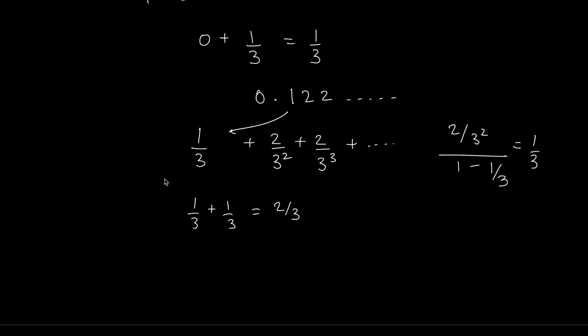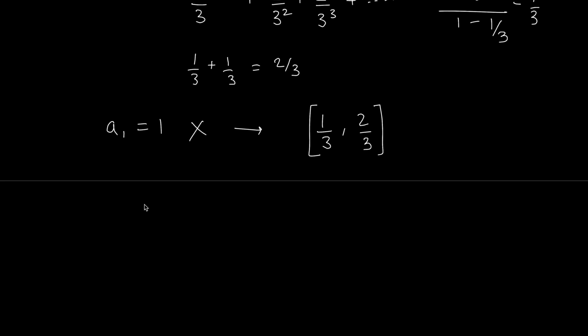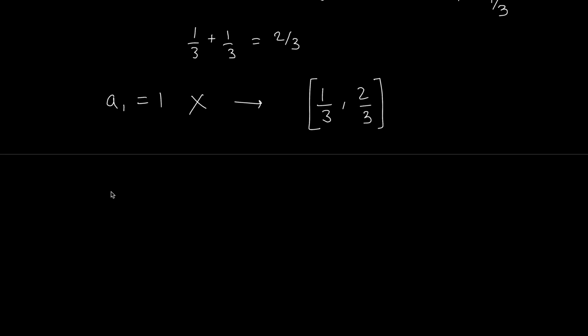So when A1 equals to 1 is deleted, as A1 occupies the interval 1 by 3 to 2 by 3, right, we are left with 0 to 1 by 3 and 2 by 3 to 1.